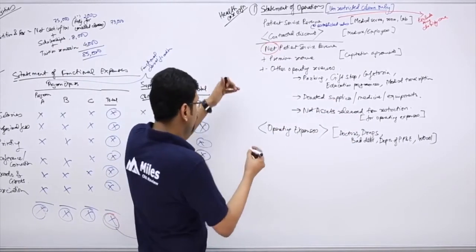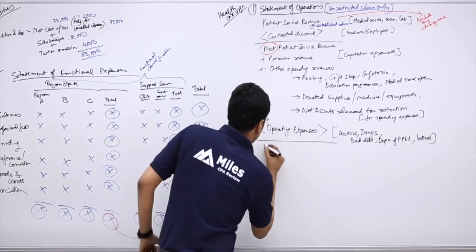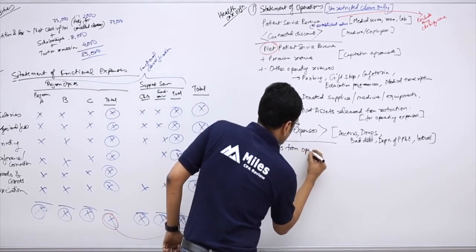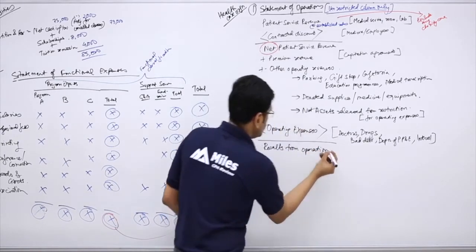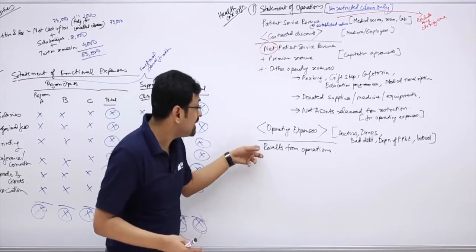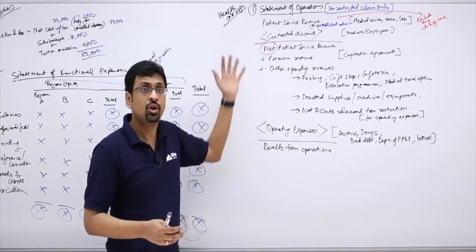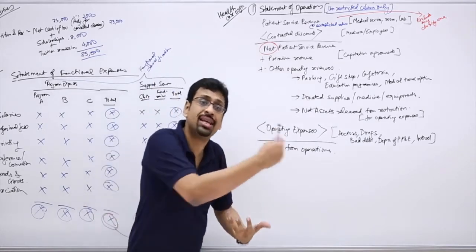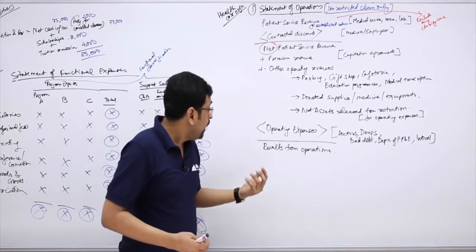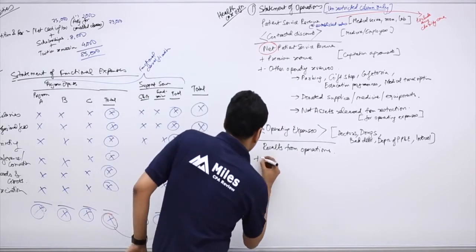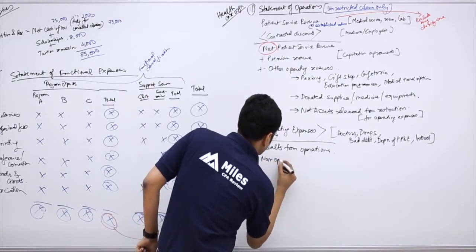Now, after this, you get to the results from operations. What's the hospital's result from all its operations, from its patient services and other operations that it's carrying out simultaneously? Then we look at certain non-operating revenues for the healthcare organization.